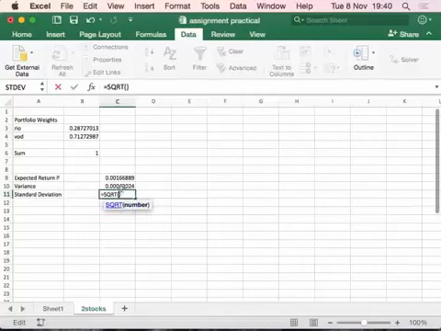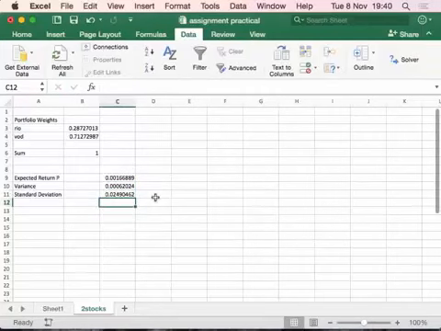Because with one number you cannot get the standard deviation, because this doesn't vary. Right, so guys, Solver decided that this combination of weights, this combination of investment, gives us the minimum variance for a given return. Now, this is one.